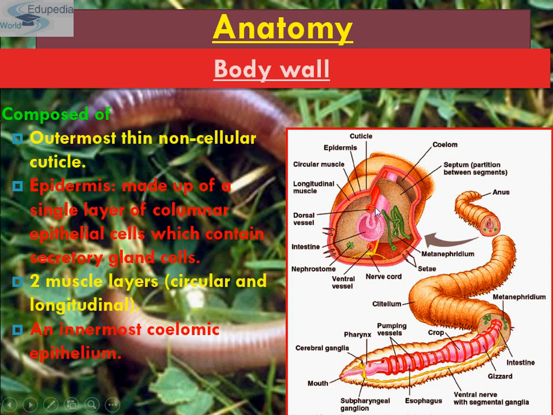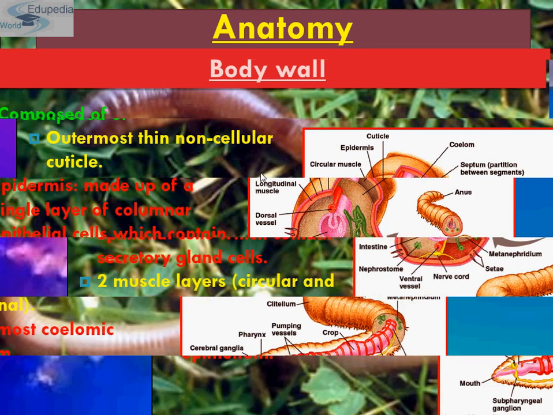This red one is your dorsal vessel. This is your intestine. These are your nephrostomes. This is your nerve cord. These are your setae, which help in locomotion. And this is your metanephridium.